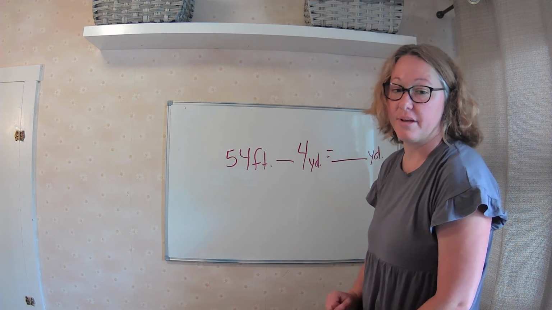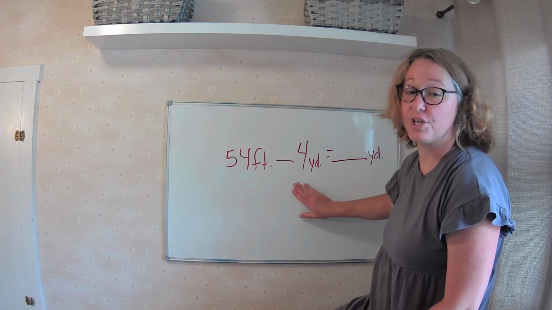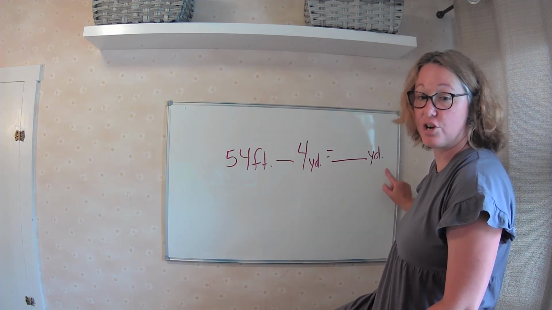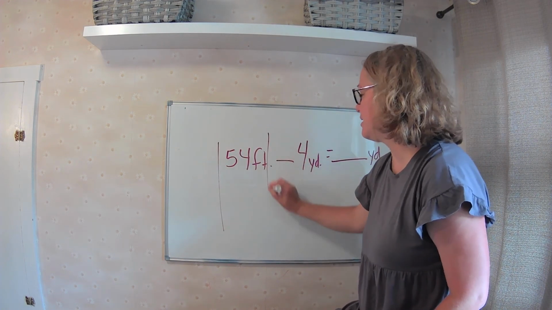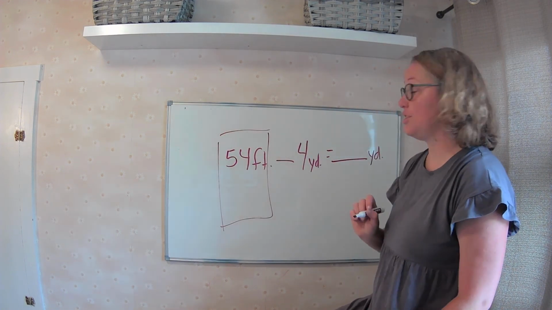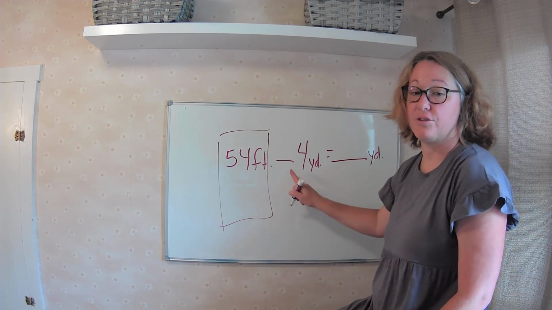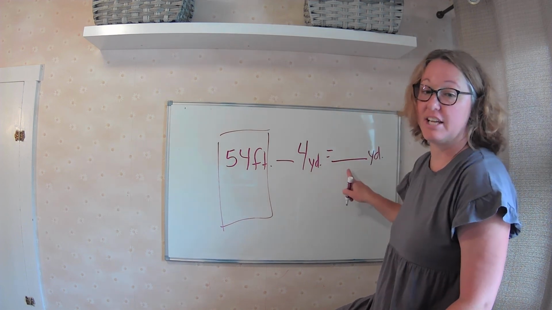Now, remember we're going to yards. So you can leave the 4 yards alone because this measurement, yards, is the same measurement as yards. You need to convert the 54 feet into yards, and then when you get the final here, don't forget to subtract or take away the 4 yards and give me the total.